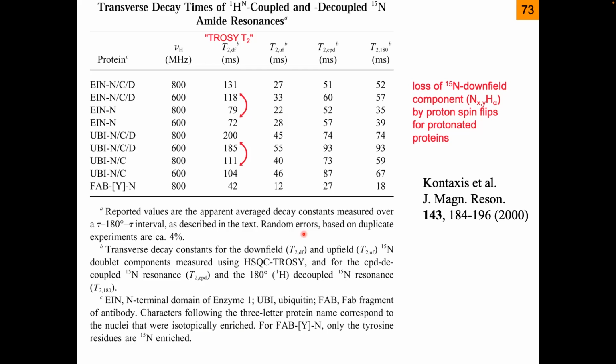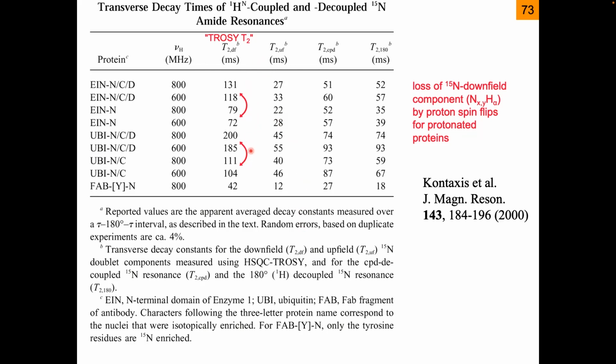And so what you need to reduce this effect is deuteration again. And this was checked here by this paper by the Beck's group. You see, for example, this is the TROSY T2 measured by spin echo.